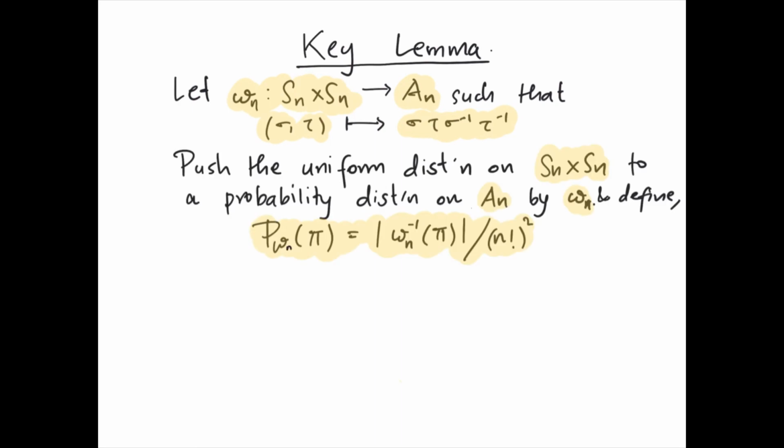So using this word map, or commutator word map as I like to call it, we can push the uniform distribution on Sn cross Sn, which is the random model, to a probability distribution on the alternating group, defined as follows.